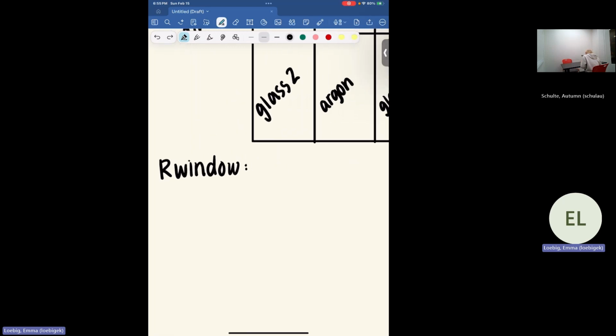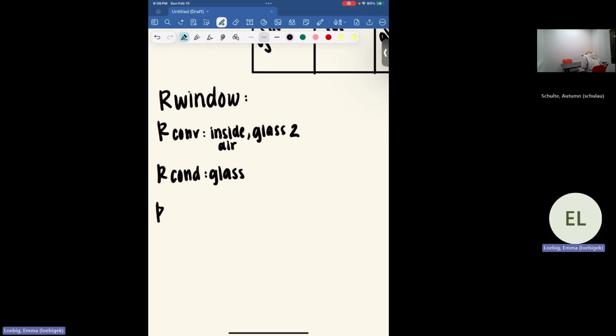So we're going to have the thermal resistance via convection from the inside air to glass 2. And then we're going to have thermal resistance via conduction of glass 2. Thermal resistance via convection from glass 2 to the argon.